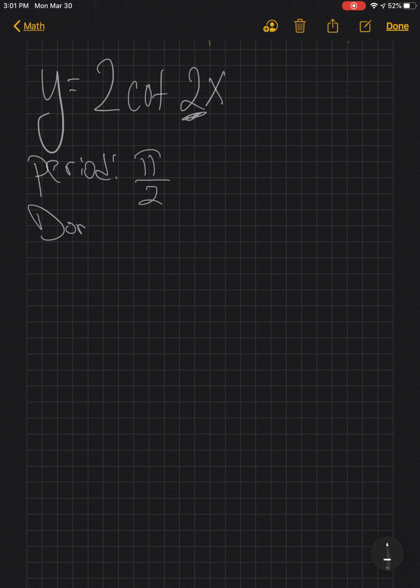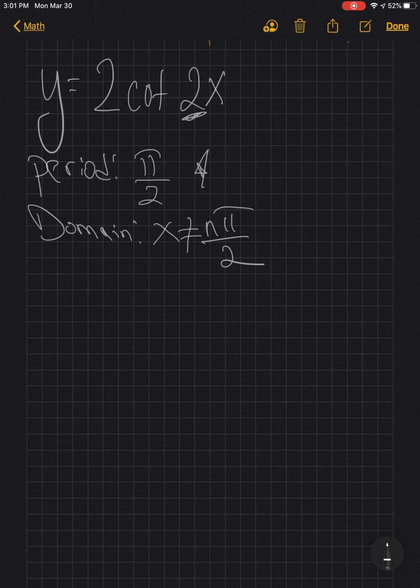All right, now we have to find our domain. Our domain means where is x undefined, okay? Again, always use right here our period. So our period is pi over 2. So that means that our x values cannot equal n pi over 2.